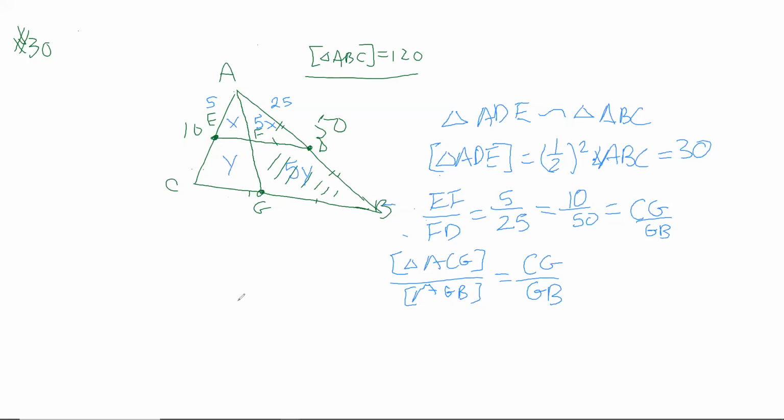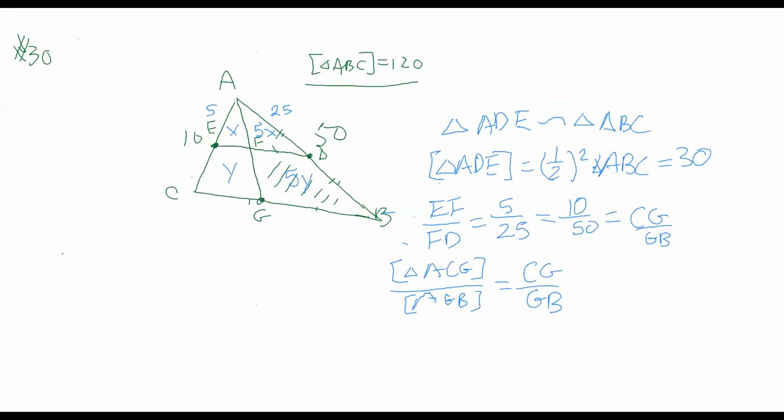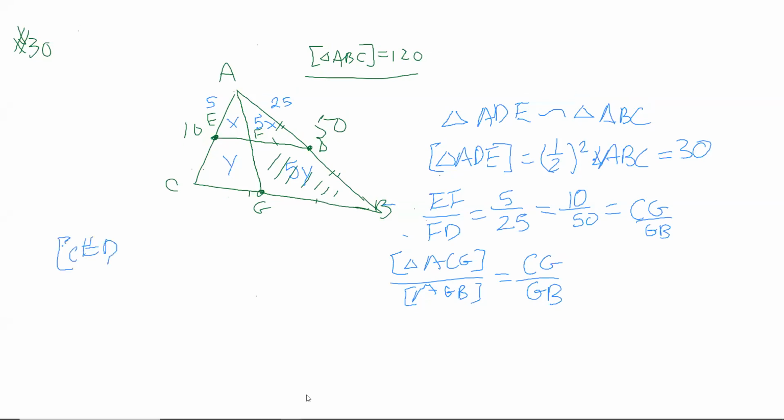Now that we saw that ADE is equal to 30, the area of quadrilateral CDEB is equal to 120 minus 30, which is equal to y plus 5y.